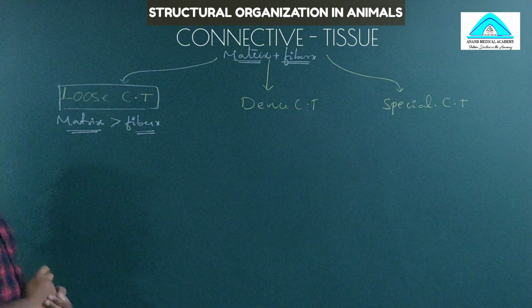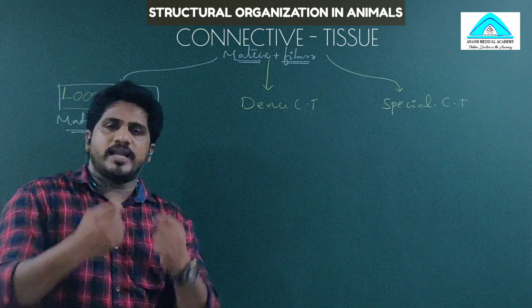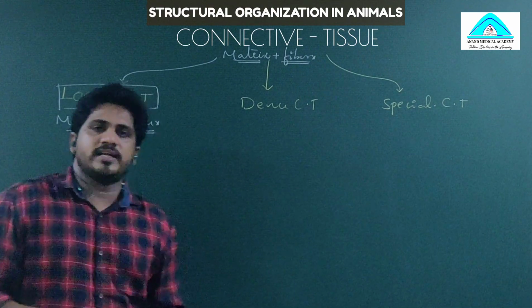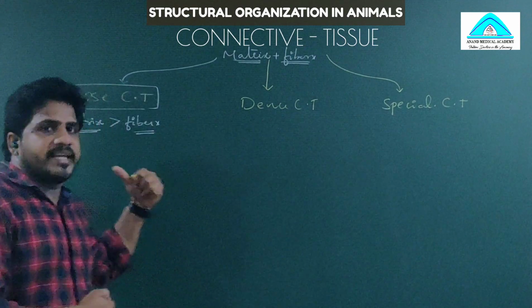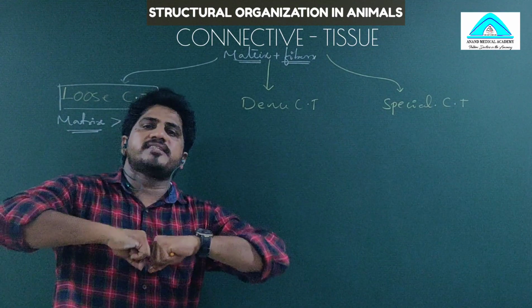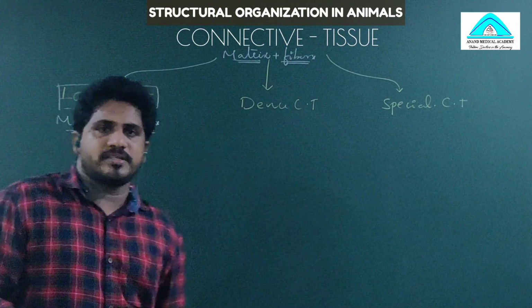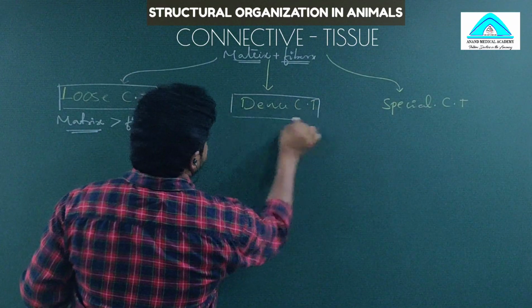Both are present, but the matrix proportion is greater. So a lesser amount of fibers and other cells are suspended in a larger amount of matrix, hence it is loosely packed. Cells and fibers are loosely packed inside the matrix.